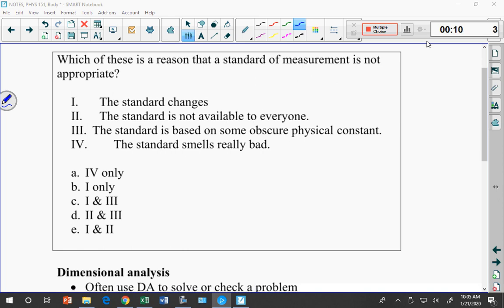Which of these is a reason or reasons that a standard of measurement is not appropriate? You can ask your neighbor what they put. In fact, I encourage you to do so. If you're not sure what the answer is, or if you are really sure, just talk to your neighbors in your immediate vicinity, ask what they put.